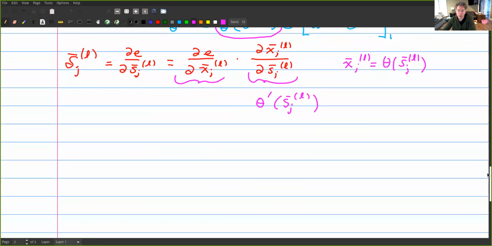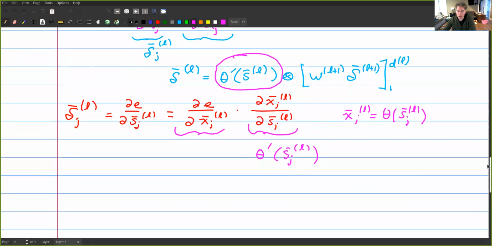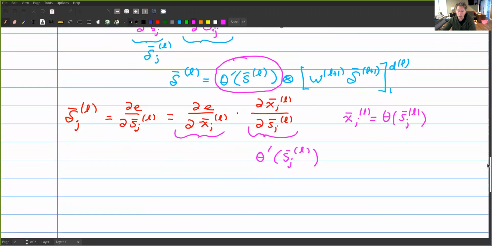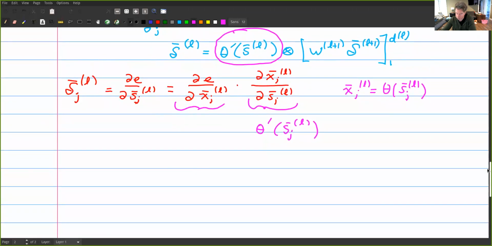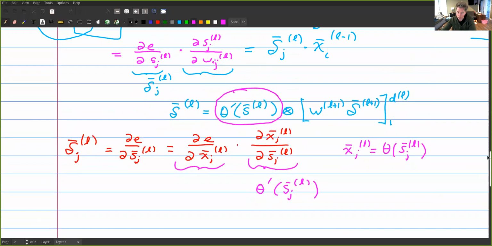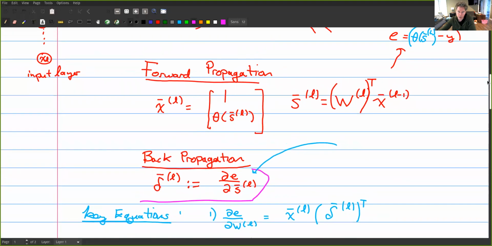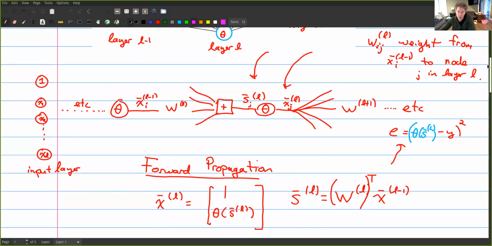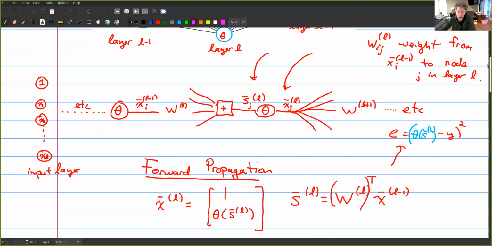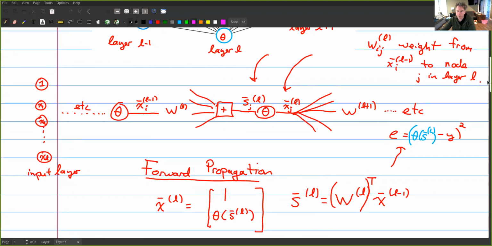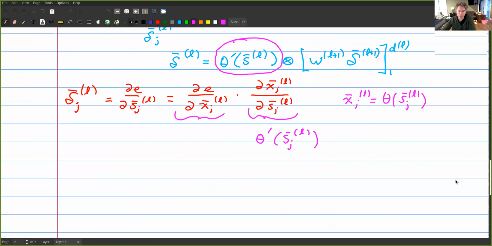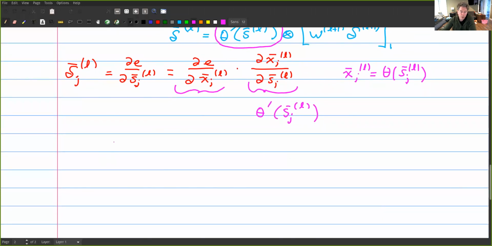complicated. We're basically going to do a similar trick. Maybe I should just draw a different picture. So the output E, or the error E, it depends on XJL.